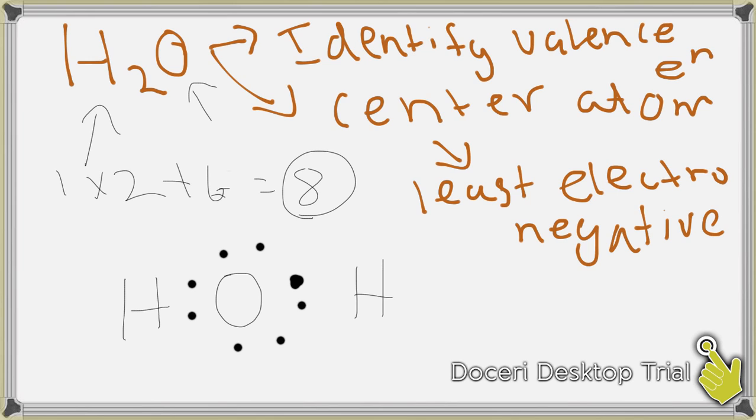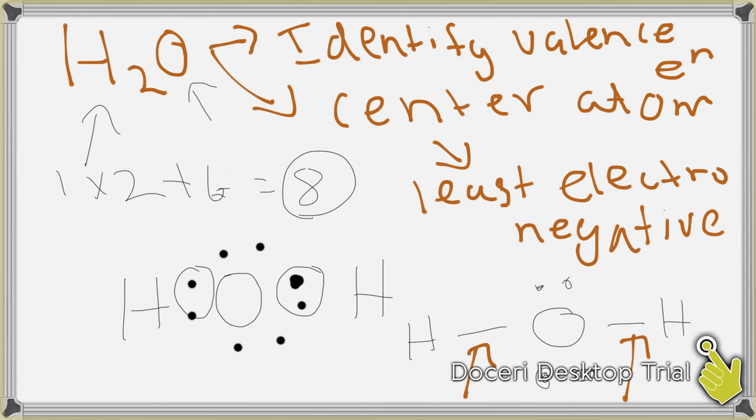Each group of two electrons shows one bond. So oxygen, hydrogen, hydrogen: one, two. Then one, two, three, four. So this is the Lewis structure for water, and you see there are two bonding pairs. These we call bonding pairs.